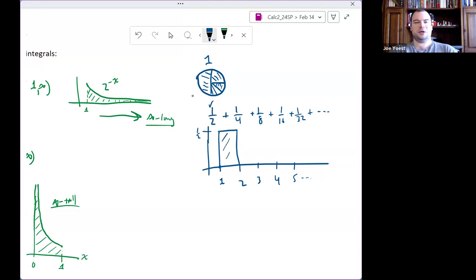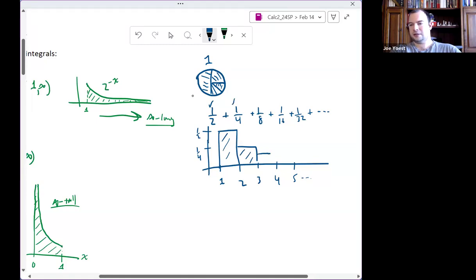That area is 1/2. The next block, area 1/4, 1/8, 1/16, 1/32, and so on. We can see that this feels a lot like the integral we're trying to compute.